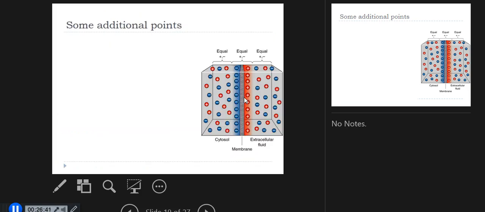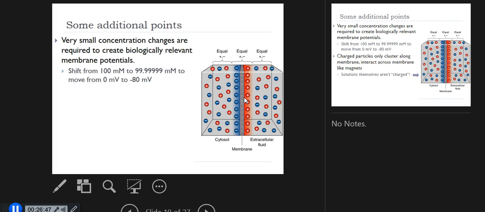A few additional points before we keep going and try to get to real neurons in a second here. Along these points about ions shifting membrane potentials, certainly there are ions flowing. The moment ions start to move across the membrane, that's going to change the concentration of that ion from one side of the membrane to the other.